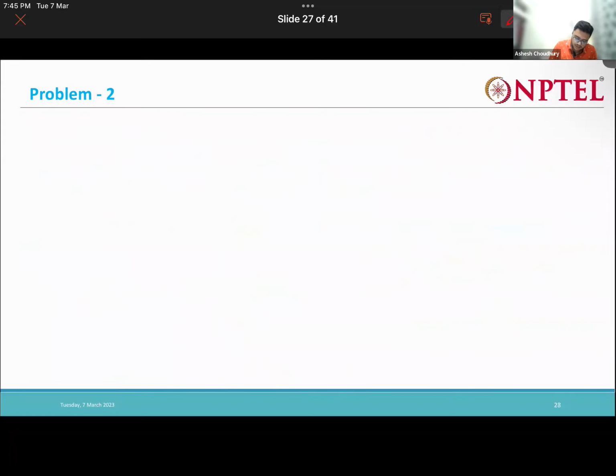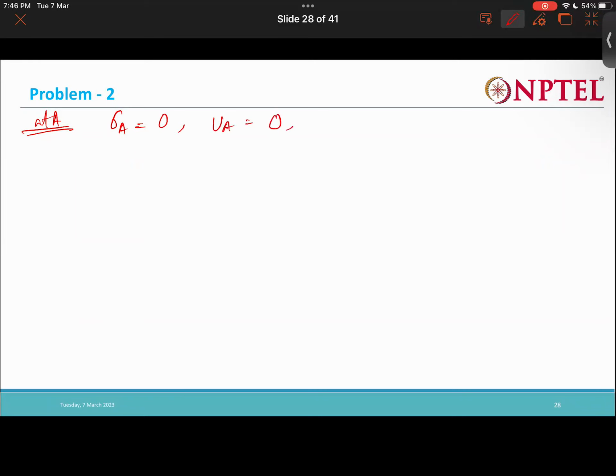So at A, what is my total stress? Nothing but 0. What is the pore water pressure at A? 0. So what will be the effective stress at A? 0 minus 0 equal to 0, right?